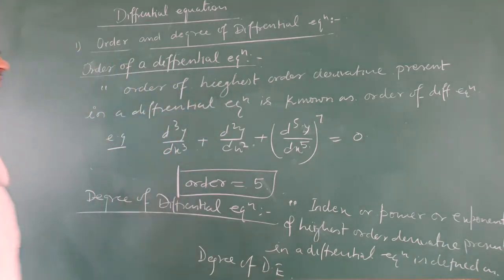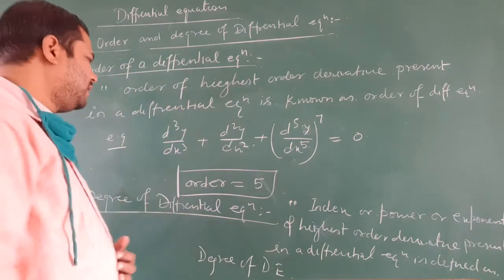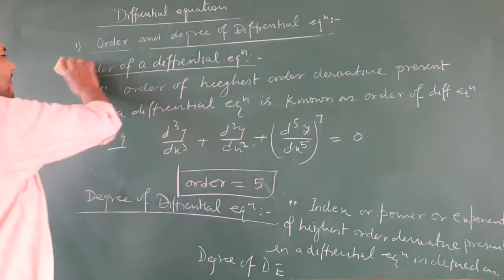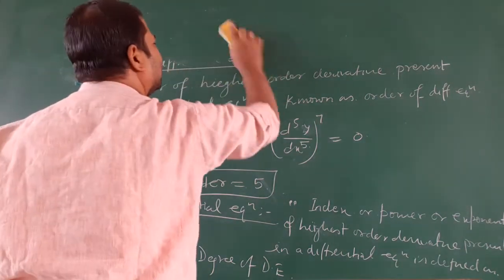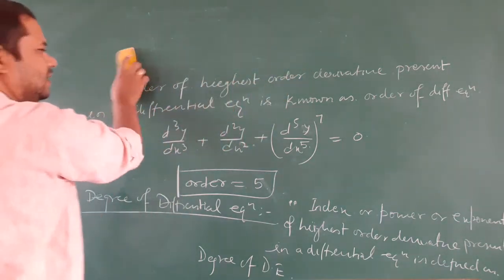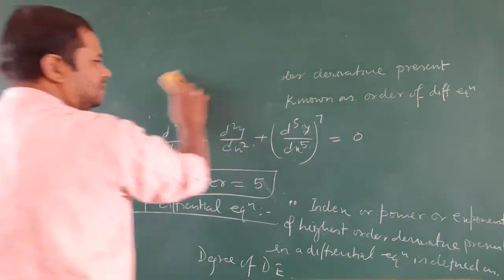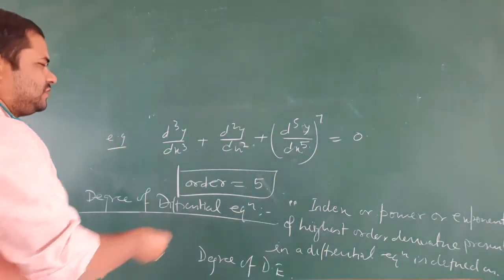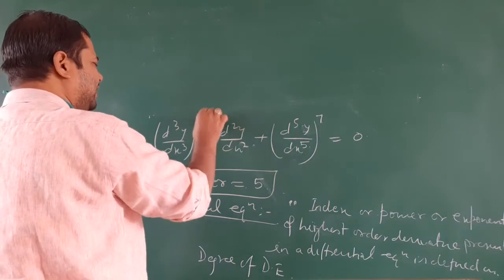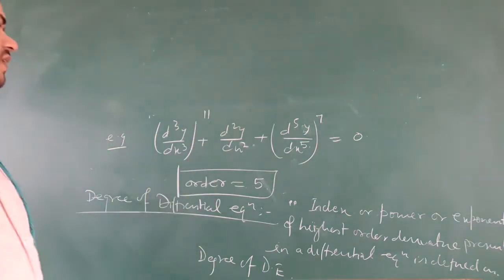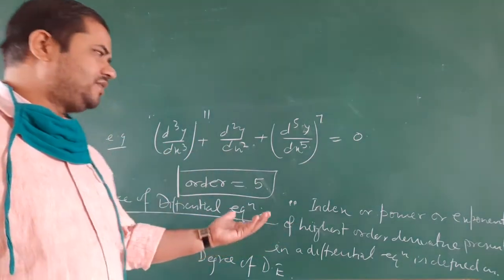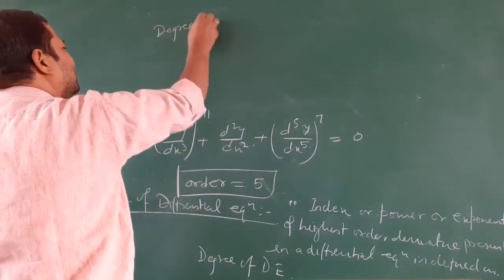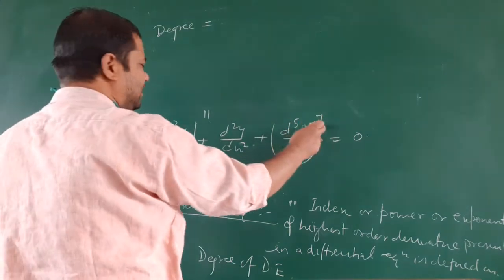If you see the same example, we can change some particular terms. Suppose we change this differential equation so that the exponent is 11 here. So what is the degree of that differential equation? The degree of the differential equation is nothing but 7, not 11.